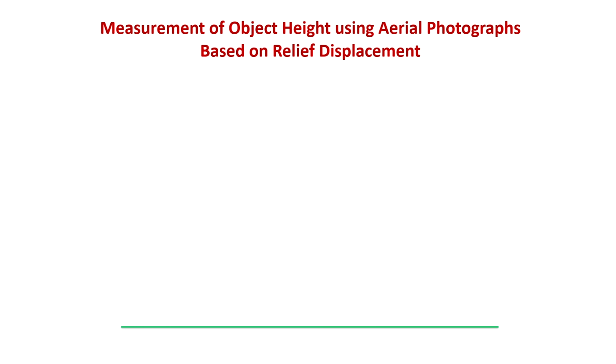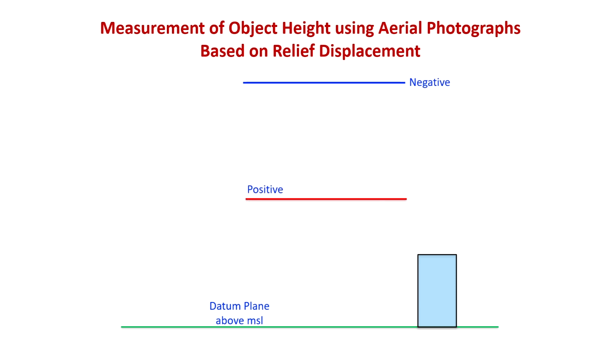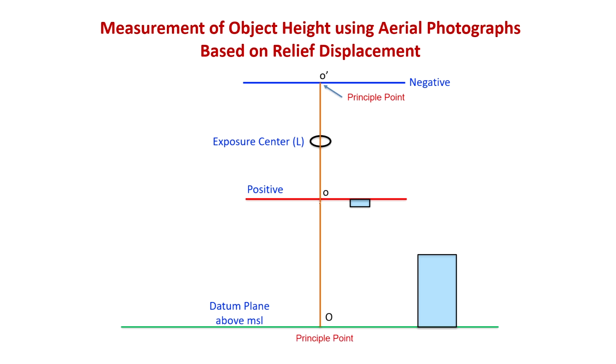Let's see that. If you have the datum here, and this is the object height, we have the negative here and the positive here. On the positive, this is AB, and you will see AB is the same there, but on the negative it will be inverted. This is your exposure center, and the PP on the negative is your principal point, and a similar principal point is here on the positive, and on the ground that will be your nadir also.